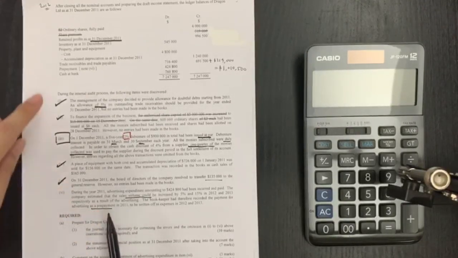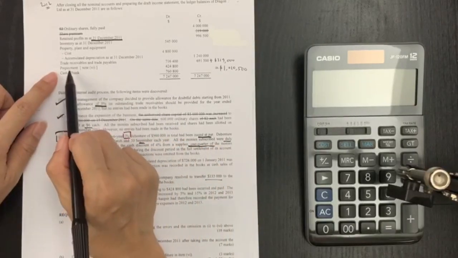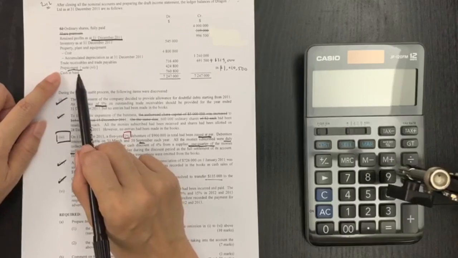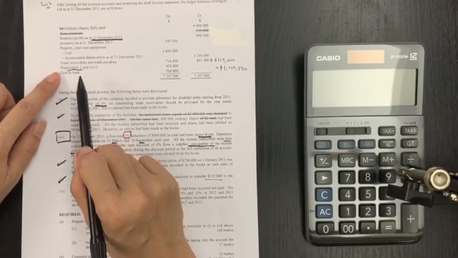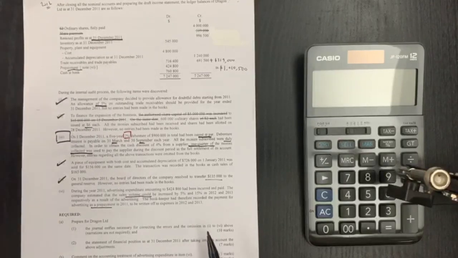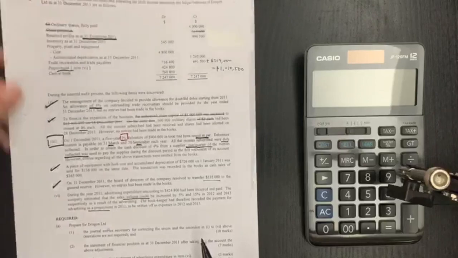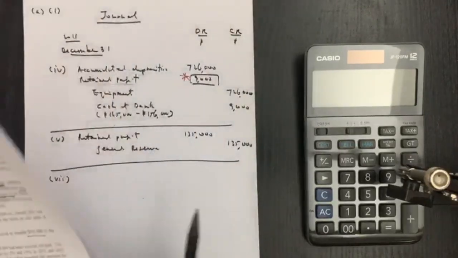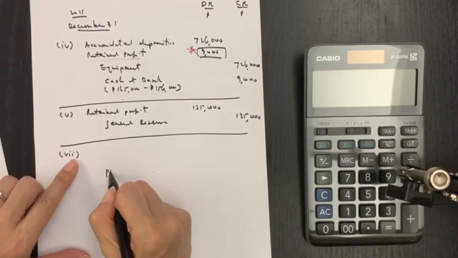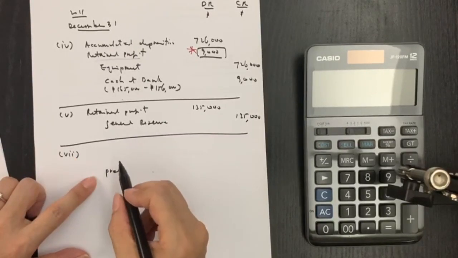If you go back to the trial balance, you can see the wrong thing here. Recorded as prepayment? No, because according to the prudence concept, it should always be an expense in the profit and loss account. So how should we adjust the wrong treatment done here? That will be to cancel the prepayments. Cancel prepayments, so credit prepayments.